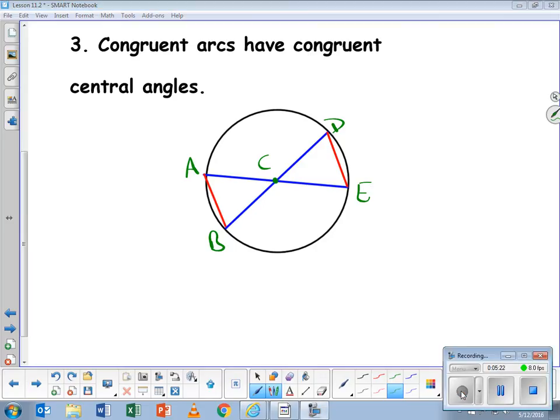Okay, so just to make sure we understand, this line here is a chord. This line over here is a chord. Okay? On the circle from A to B, that's arc AB.